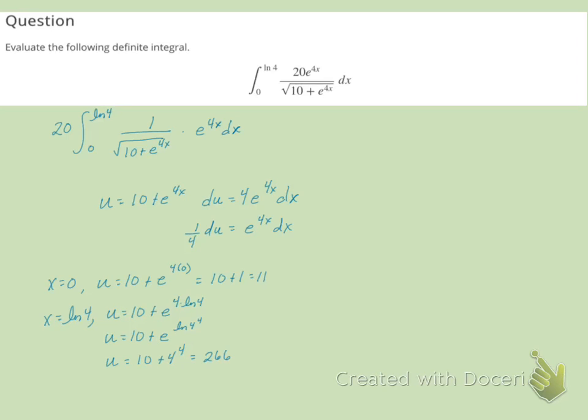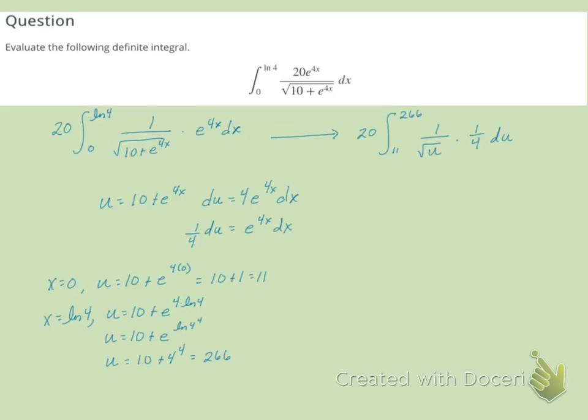Which means that when we go back and do our substitution, we'll have 20 times the integral from 11 to 266 of 1 over the square root of u times 1/4 du. I'm going to bring that 1/4 out in front.